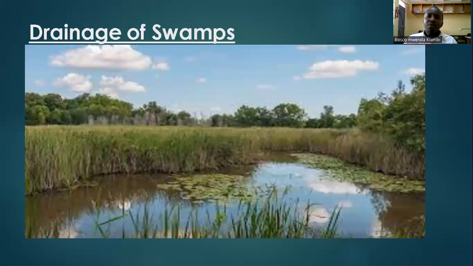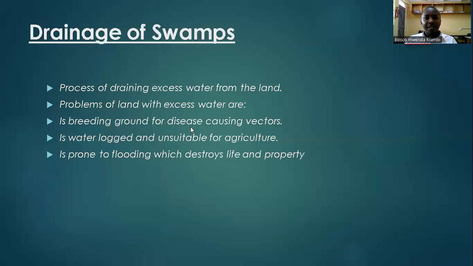So the method that we're going to use is to remove the water from such pieces of land, meaning that we are going to look for ways of draining excess water, because those places are breeding grounds for disease-causing vectors.